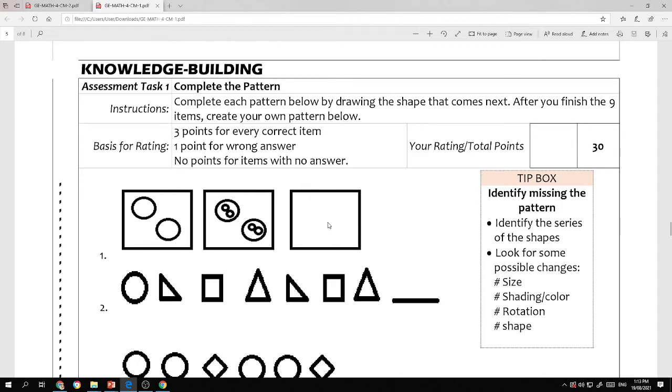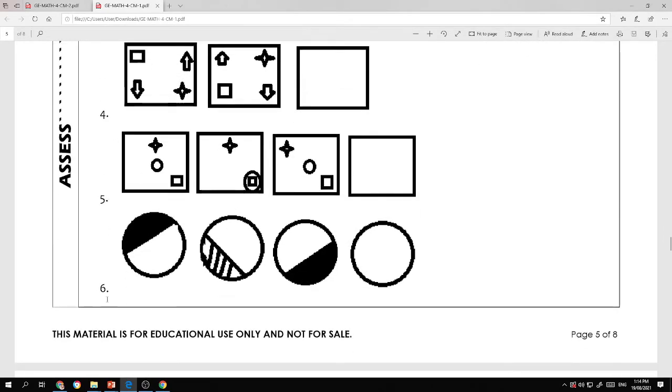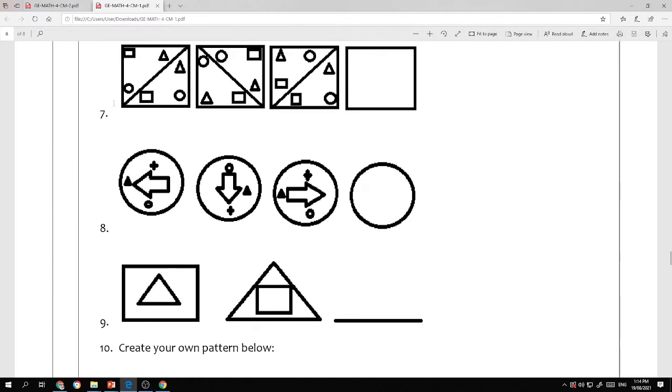Kay inyong sayop gani nga gidrawing, wala dito sa options nako o maka-change pa mo sa inyong answers. Okay? So, I really encourage nga ma-answer mo sa Google Forms para magpili-pili na mo sa inyong answers dito. Same thing with number 1, number 2, 3, 4, 5, 6, 7, 8, 9.